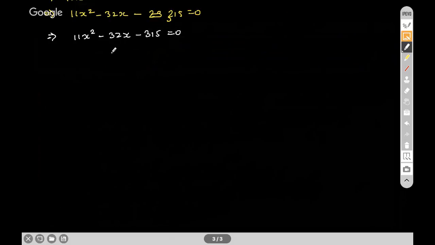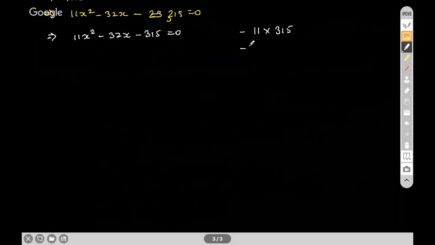Now, either you can go for the quadratic formula, but let us try and see if I can split it. So 11 into 315, this is negative 11 into 315. This is AC, right? Now we have to split it in such a way that I get a sum of 32.